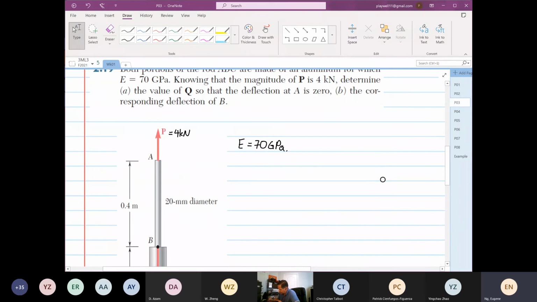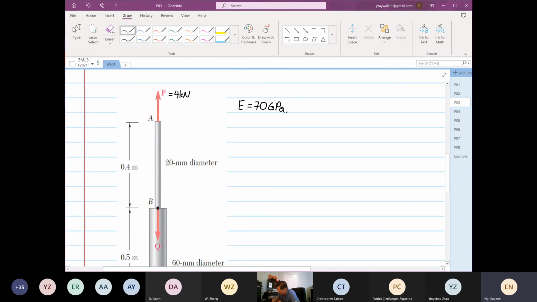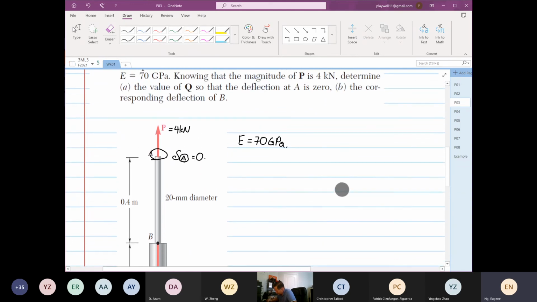So even after the 4 kilonewton, we have to find what Q is such that the deflection at point A is equal to 0, so no change in length. No doubt we have a tensile of 4 kilonewton. Then we are asked to find the deflection of point B.